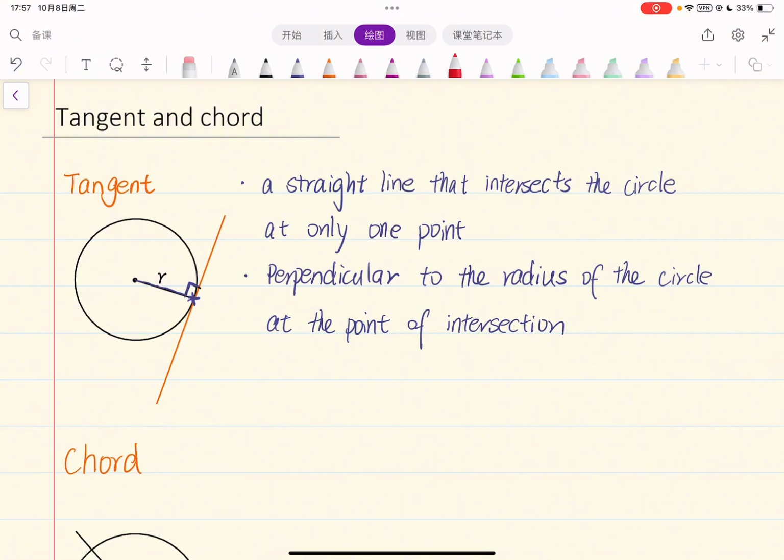So you need to remember that the tangent is perpendicular to the radius of the circle at the point of intersection.